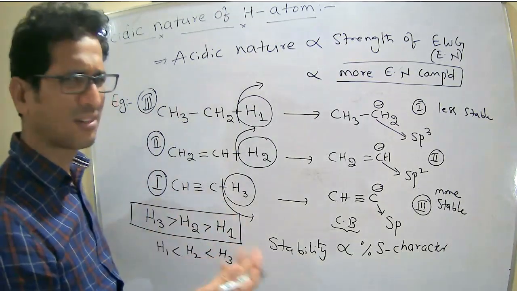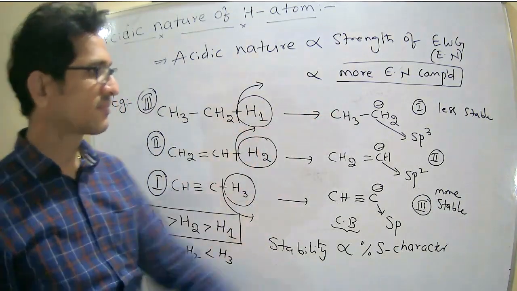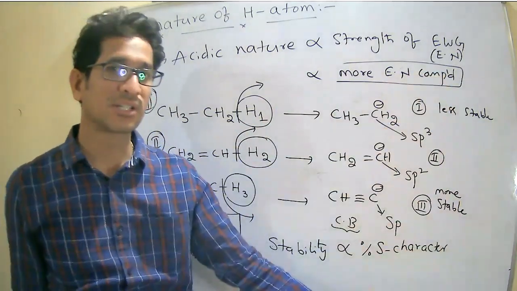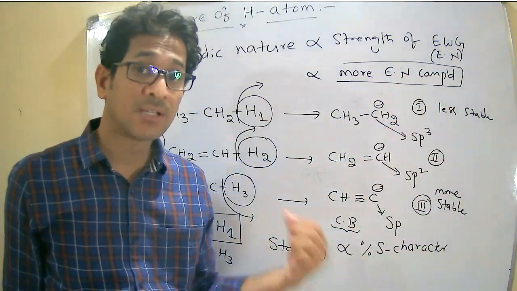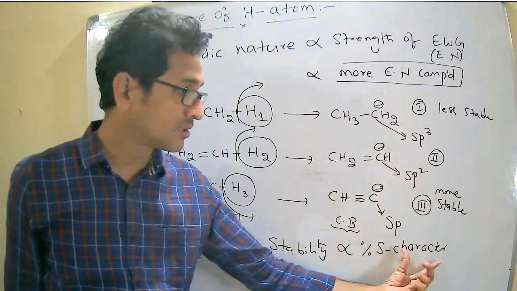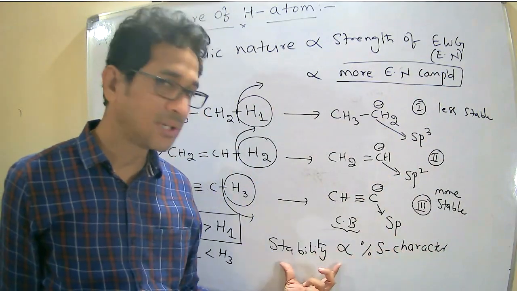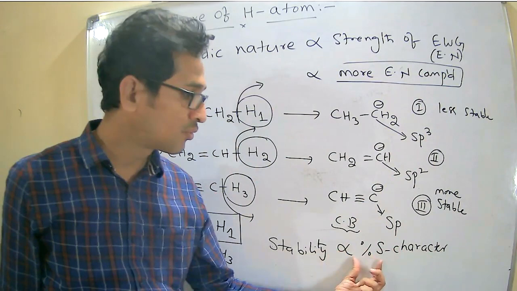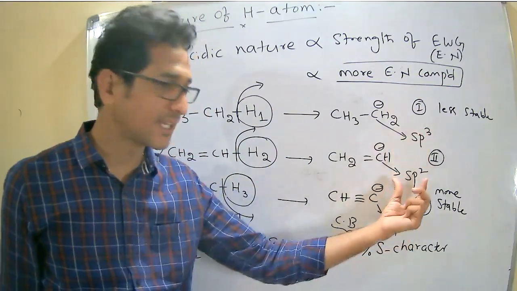They may ask either increasing or decreasing order in the examinations. So this is the story. Because acidic nature depends on the stability of the conjugate base. Stability is directly proportional to the electronegativity, and electronegativity is directly proportional to the percentage of s character. Therefore, finally, stability is more for sp hybridized than the remaining.